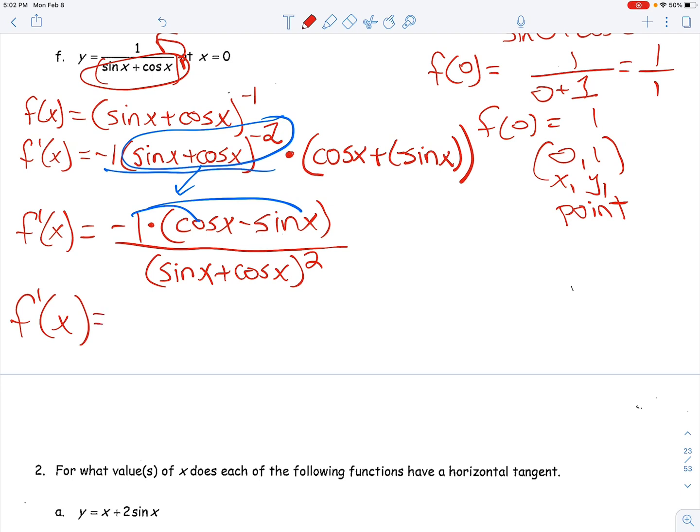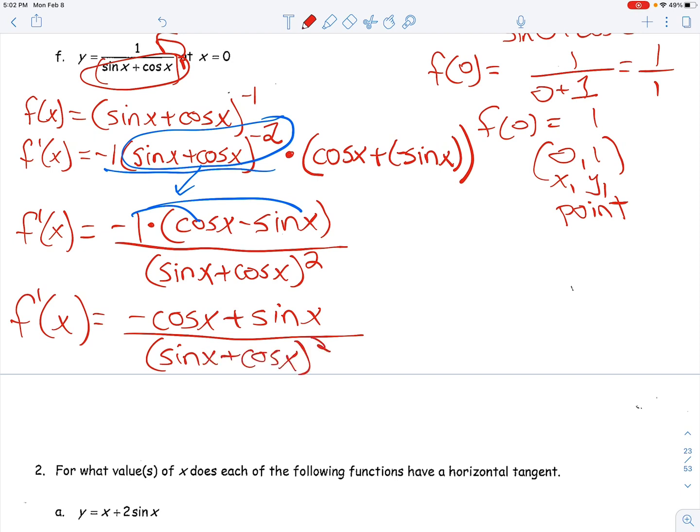And I might as well distribute the negative 1 in there. Do that. f prime of x here is going to be negative cosine x plus sine of x over sine x plus cosine x squared.